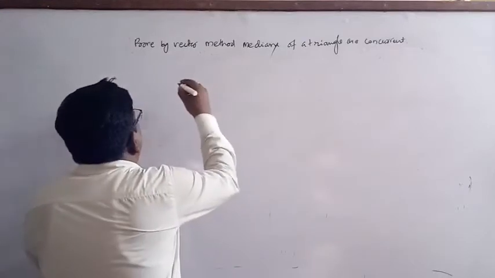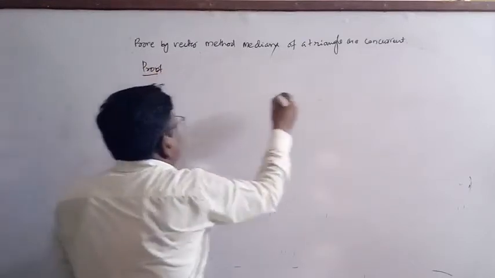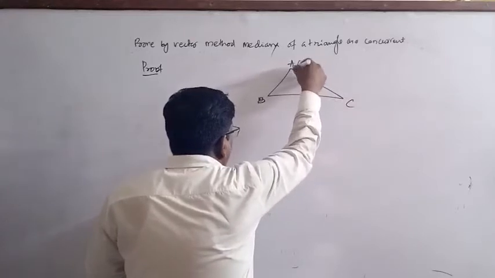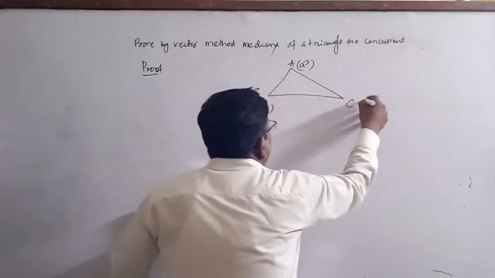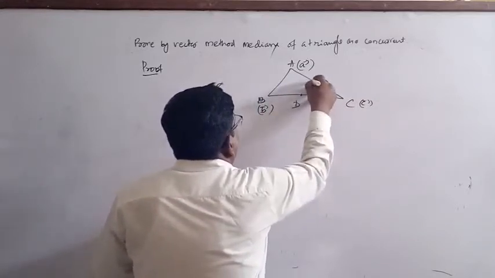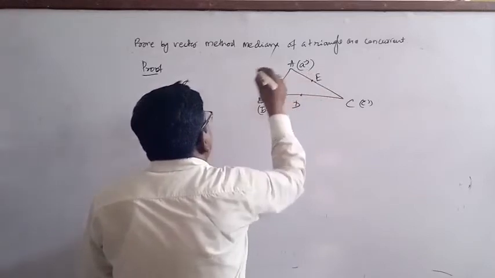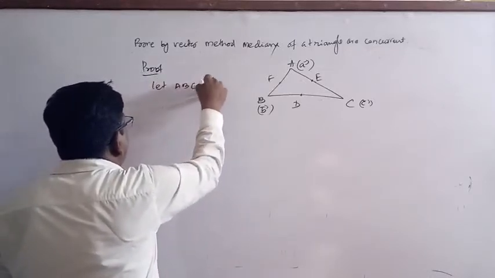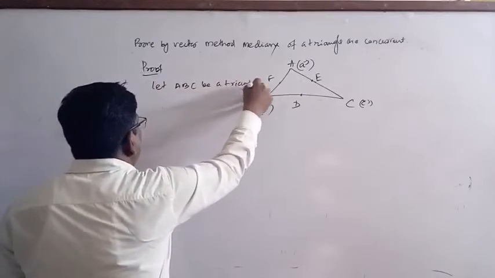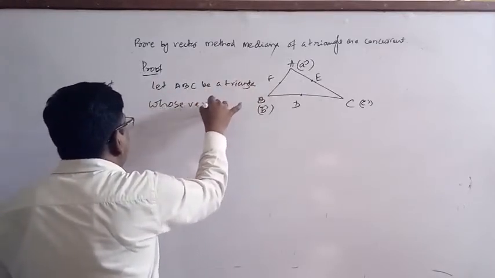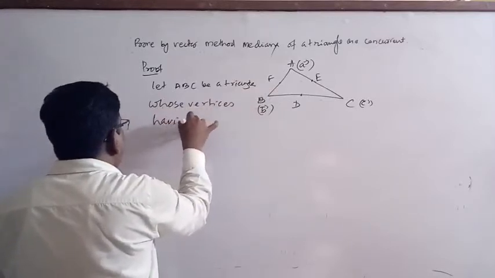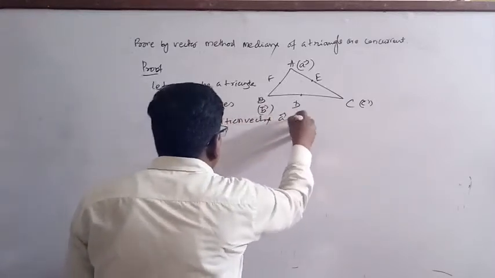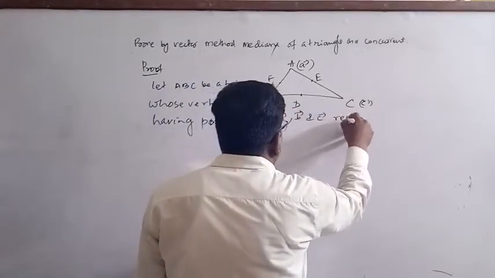Suppose this is a triangle ABC whose vertices have position vectors A bar, B bar and C bar respectively.